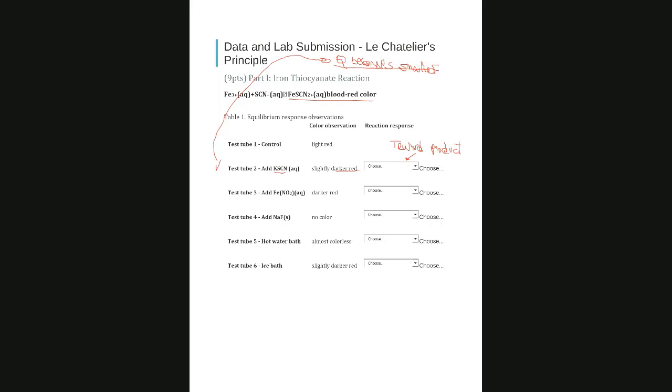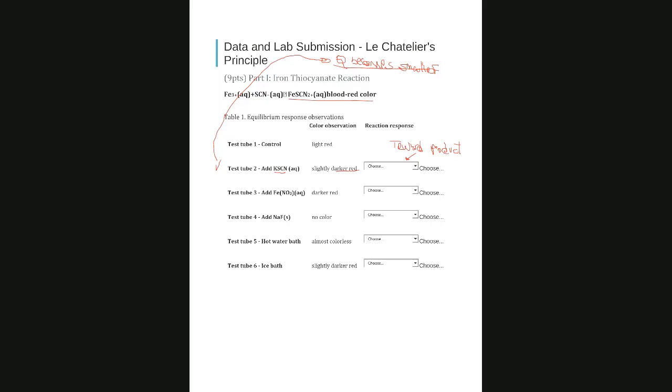But even though in tube 2 it's slightly darker, that's enough to say that the concentration of the product is increased? Yes, because all you are doing is comparing different colors. The reactant has one color and the product has a different color. So when you disturb the system, you look at what the color is after you disturb it, and that is where you take your conclusions. Did I answer your question?